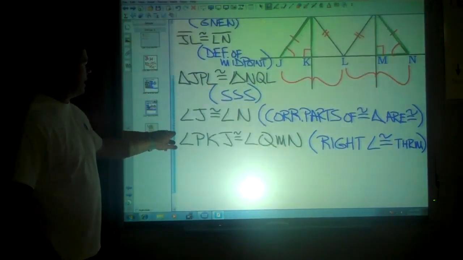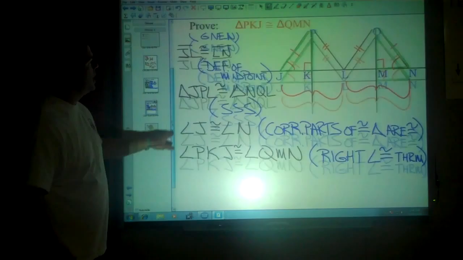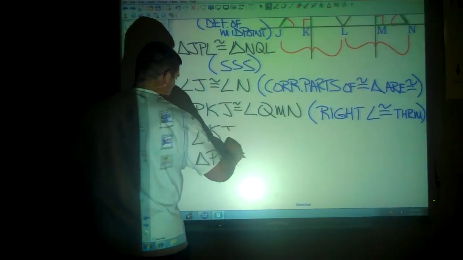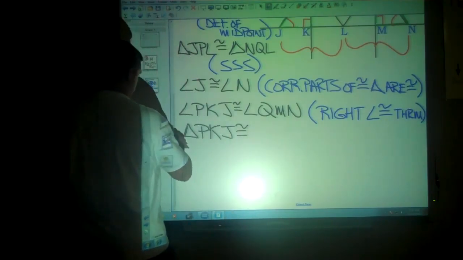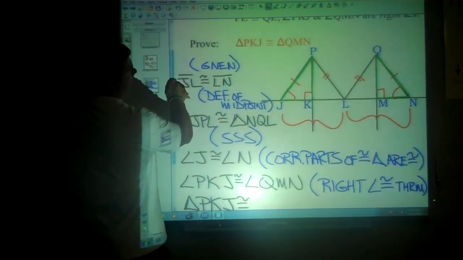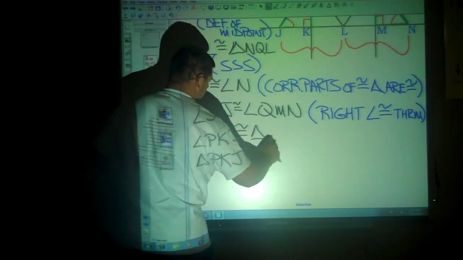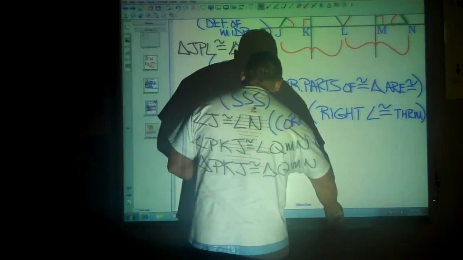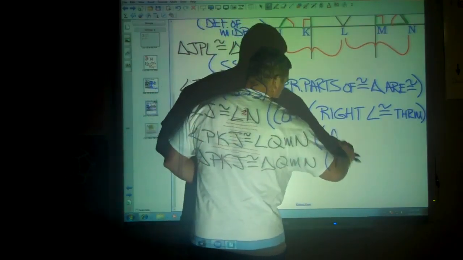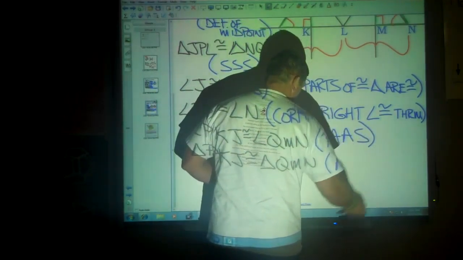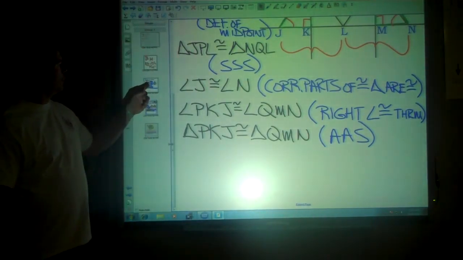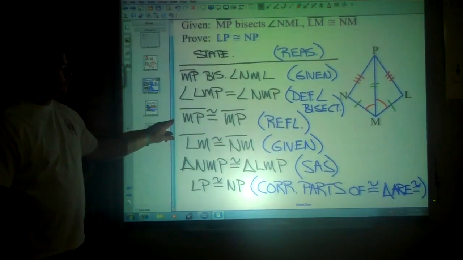So we are talking about saying, our final piece, triangle PKJ is congruent to triangle QMN. And the reasoning behind that is angle, angle, non-included corresponding side.